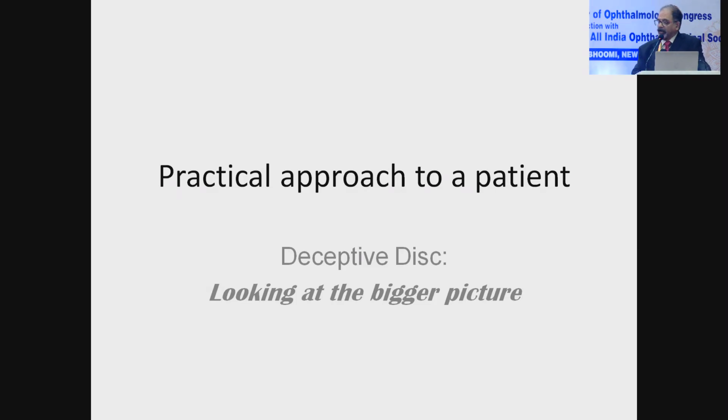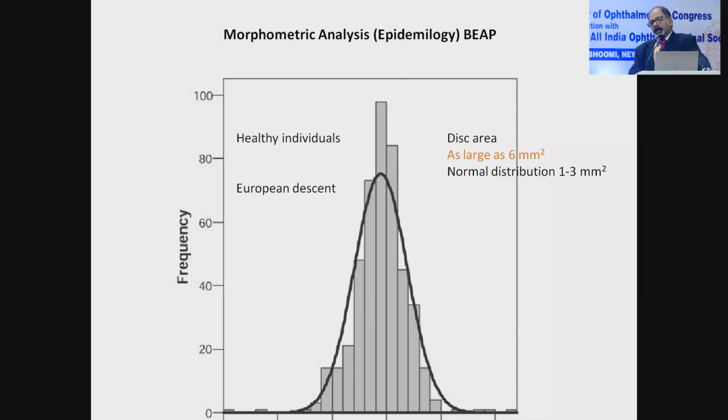The last bit, looking at the bigger picture. There was this study, BEAP, Bridlington Eye Assessment Project, and they looked at about 10,000 plus normal individuals. It was an epidemiological study, it was not patients.